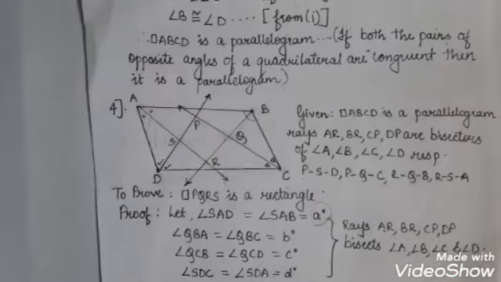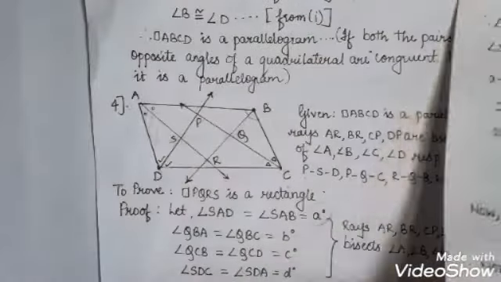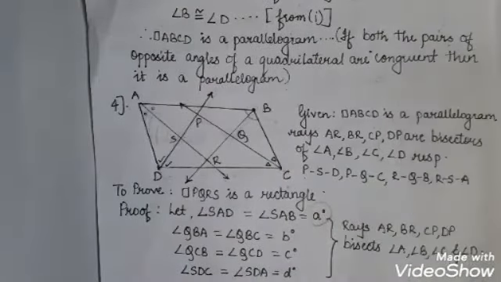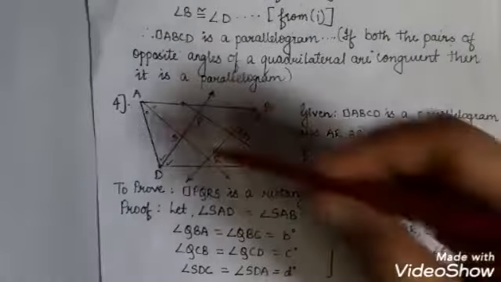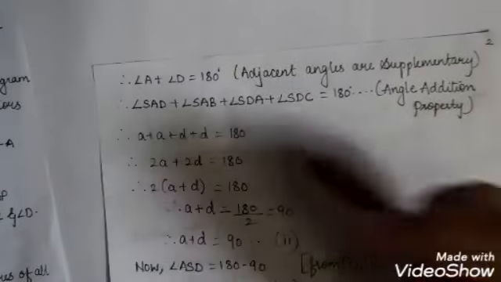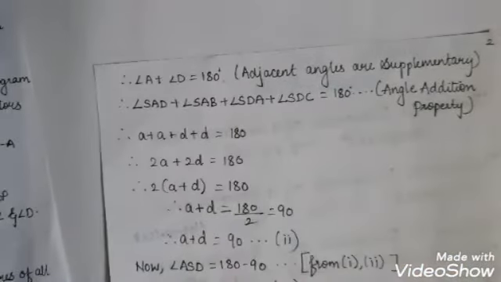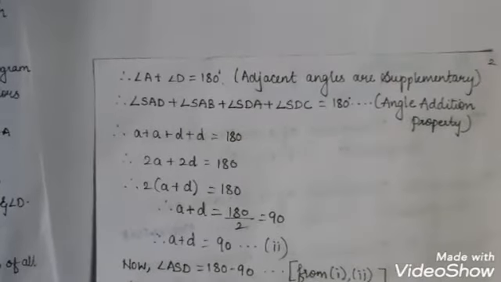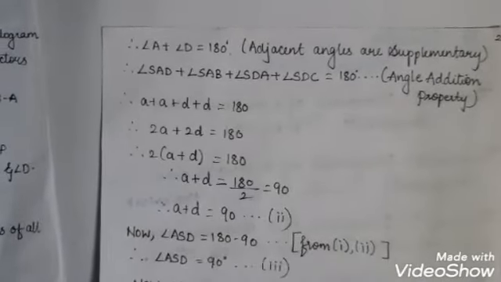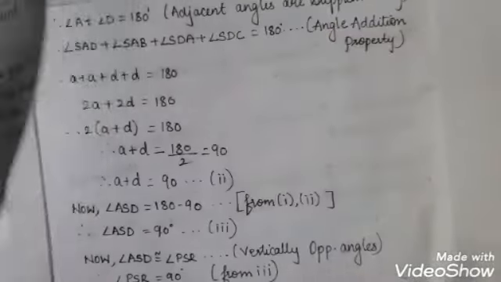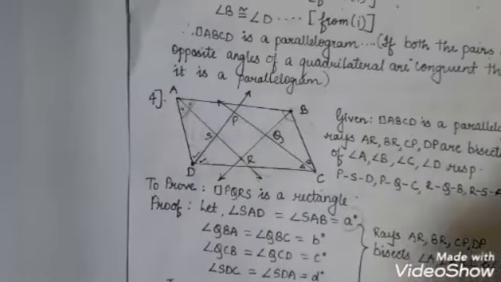Now they have already given us that ABCD is a parallelogram. Since ABCD is a parallelogram, angle A and angle D are adjacent angles, and adjacent angles are supplementary. So angle A plus angle D is equal to 180 degrees.